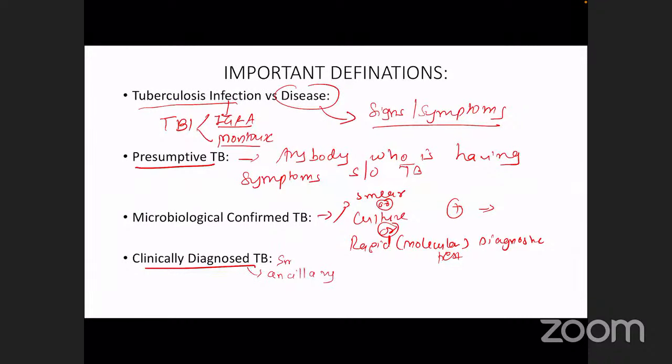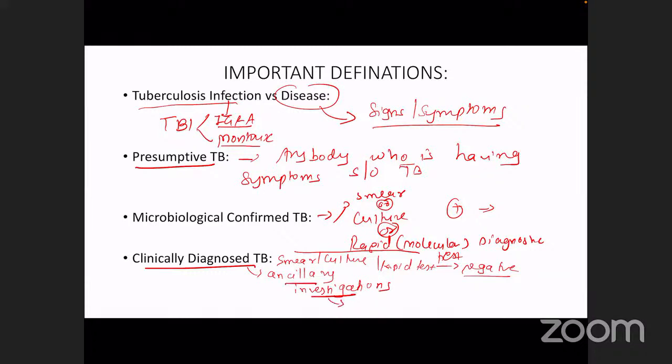So I would say smear, culture, and rapid test are all negative here. But you have some ancillary investigations. We'll be discussing that in the upcoming slides.